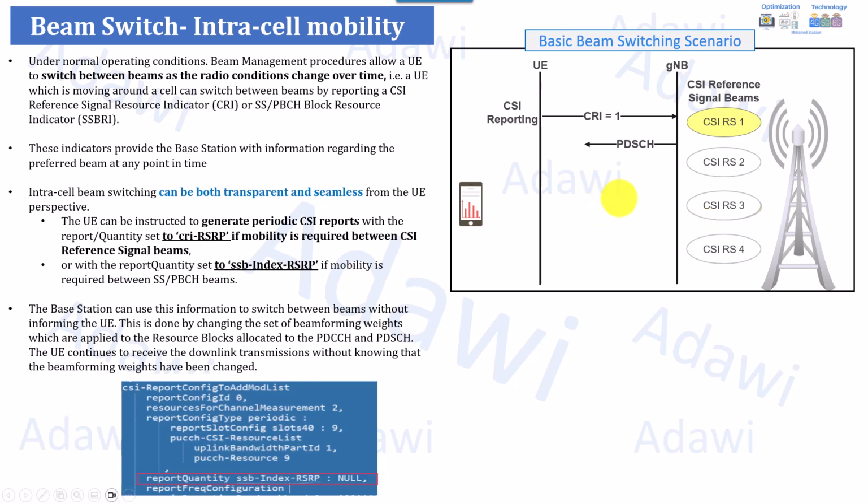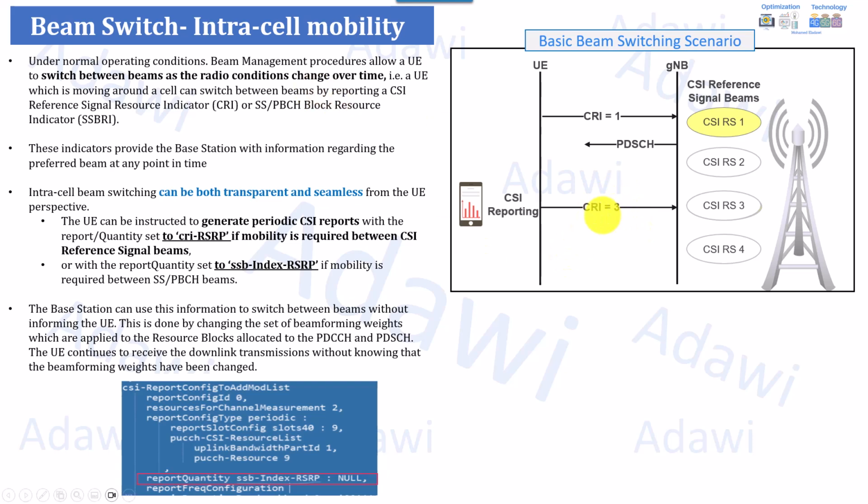What will happen? The user in this case will do another CSI reporting, and will report the new CRI, which should be CRI number 3, as you can see here. So again, the gNB will start doing the new calculation. This can be associated, by the way, with other information like PMI, as we discussed in the previous session.